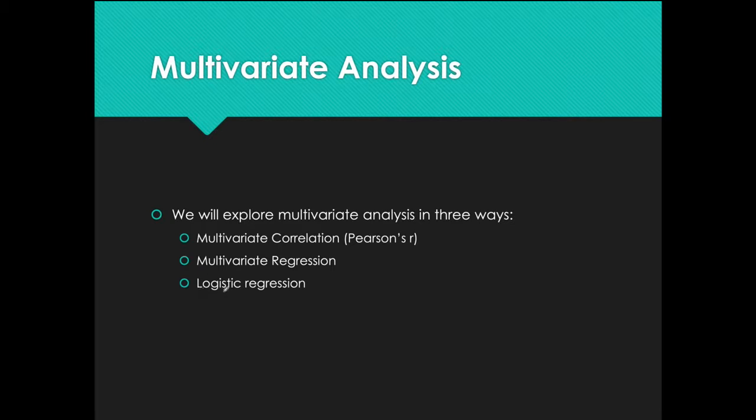The difference is the dependent variable for logistic regression must be dichotomous, 0, 1, whereas for multivariate regression, we're talking about a continuous variable in that dependent variable. For all of these, multivariate correlation, regression, and logistic regression, the independent variables can be any kind of variable. They can be discrete, which is nominal or ordinal, and they can be continuous, which means ratio or interval.